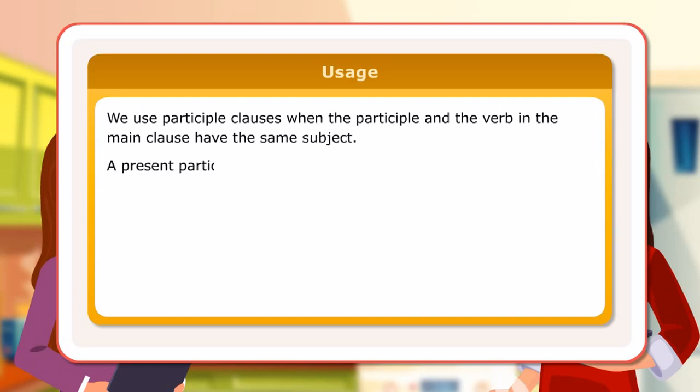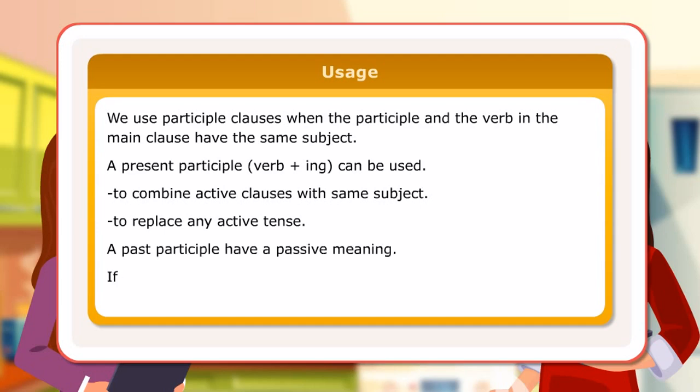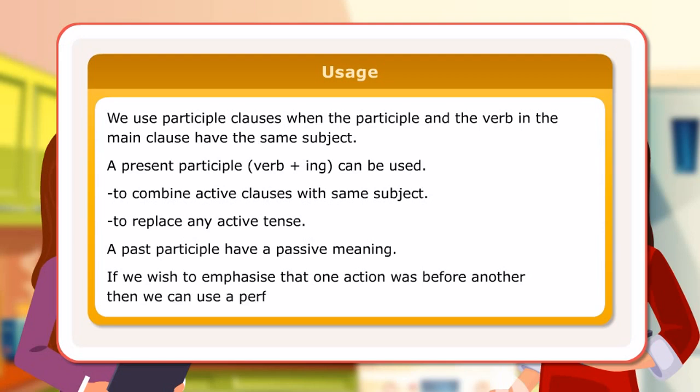A present participle, verb plus ing, can be used to combine active clauses with the same subject, to replace any active tense. A past participle has a passive meaning. If we wish to emphasize that one action was before another, then we can use a perfect participle, having plus past participle. Let us look at some example sentences.